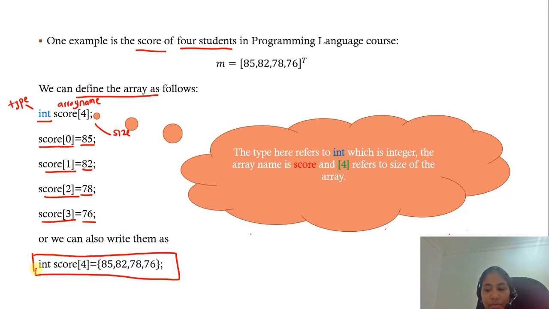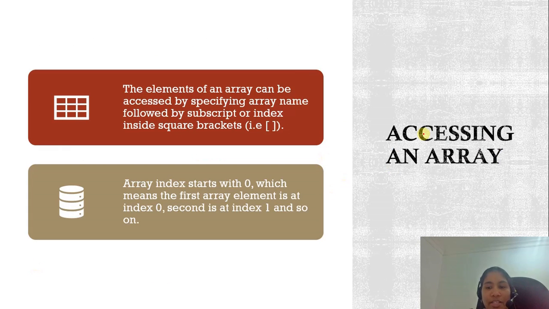Let's move on. How to access an array? The elements of an array can be accessed by specifying the array name followed by a subscript or index inside square brackets. For instance, just now we have score 0 equals 85. So this is what we mean by access.